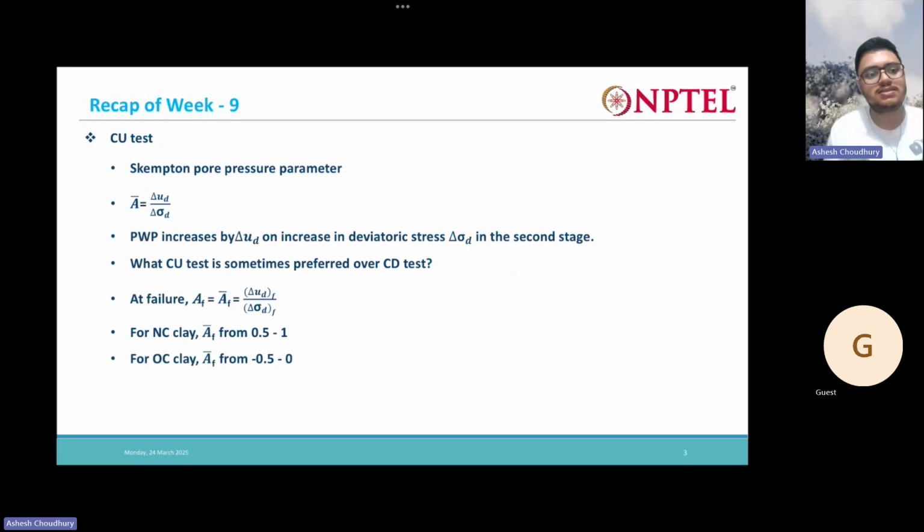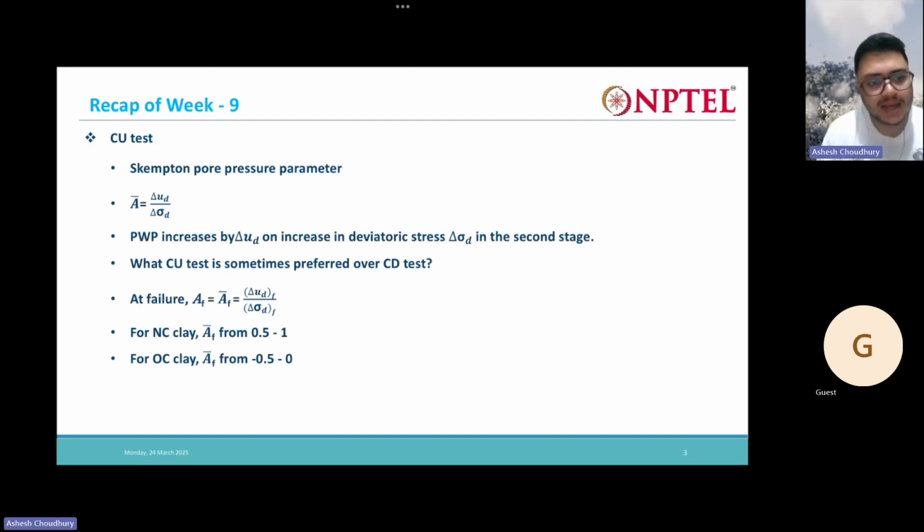So this A parameter is defined for the second stage of the triaxial test. We have defined parameter A bar. A bar is equal to delta u_d by delta sigma_d. So pore water pressure increases by delta u_d on increase in deviatoric stress delta sigma_d in the second stage.